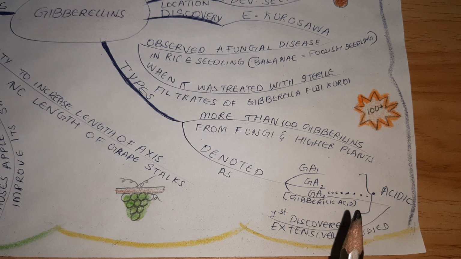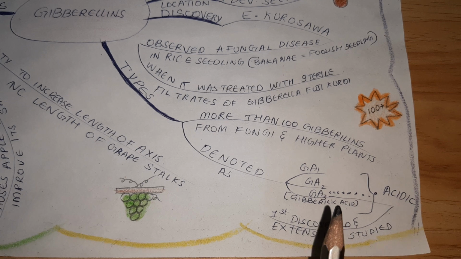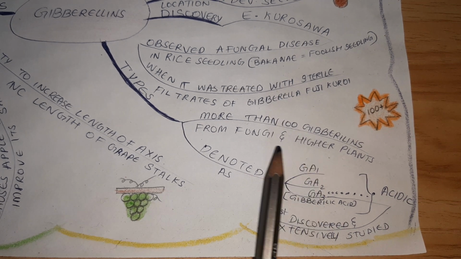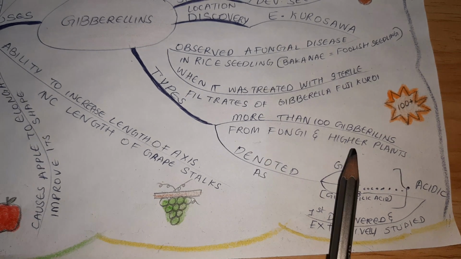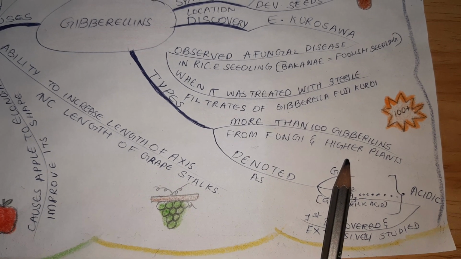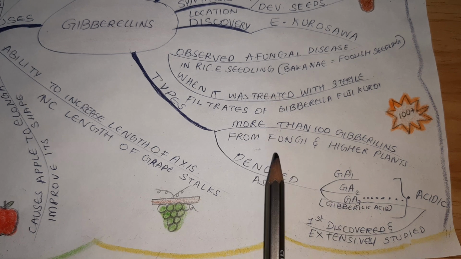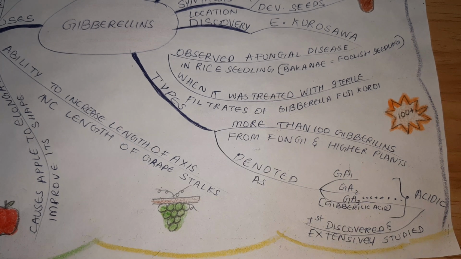They go on like GA10, 11, 12, 13 and many more. We have seen that more than 100 gibberellins have been discovered from both fungus and also from higher plants. So we cannot say that gibberellin is solely a plant hormone. It is also found in fungus.